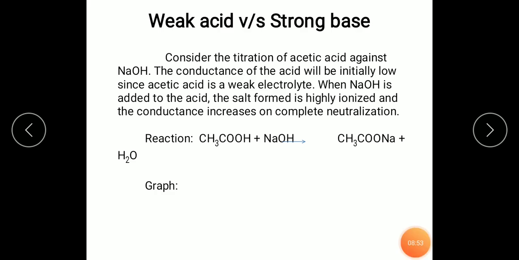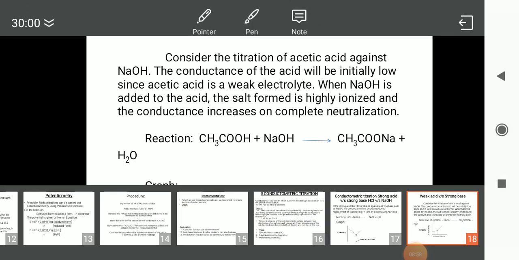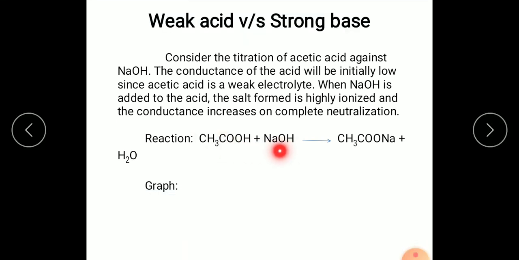As the acetic acid is treated with NaOH, initially the conductance slowly increases, and once the neutralization is over, it increases further on addition of NaOH. This is the reaction of acetic acid and NaOH, weak acid and strong base. Here again H is replaced by Na, giving sodium acetate salt along with the formation of H2O, that is neutralization.